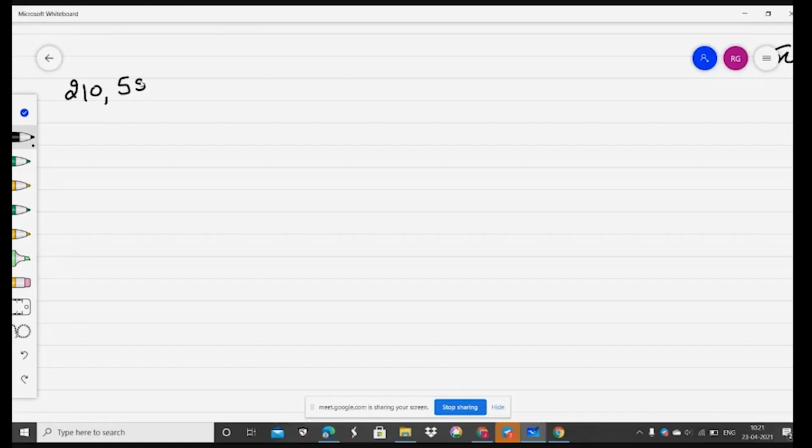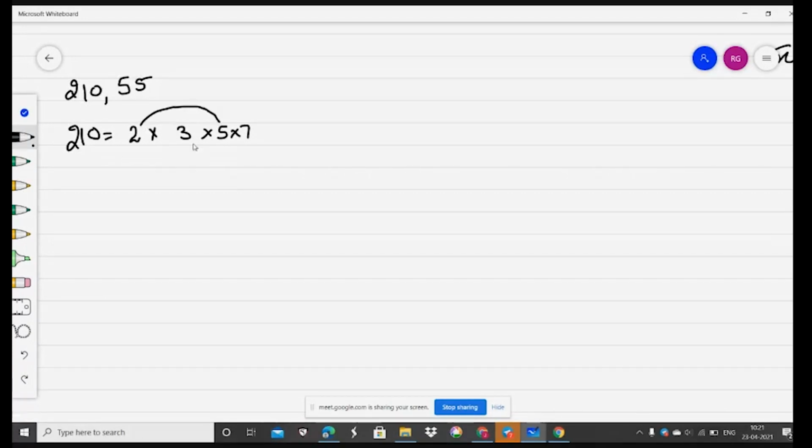210, then 55. First, we'll try to find the HCF. 210 is 2 into 3 into 5 into 7, so its factors are 10 into 21, that is 2 into 5 and 3 into 7. Have you got how I found the factors?